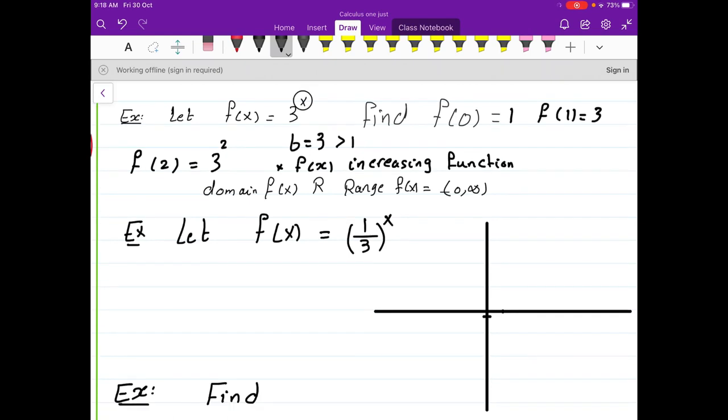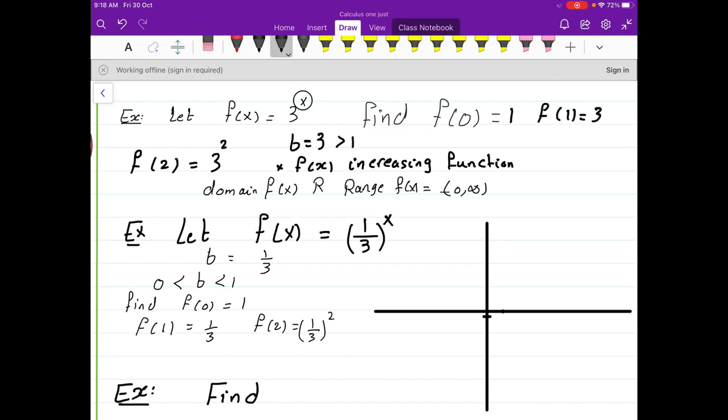If we take another example, f of x equals 1 over 3 to the power x, obviously b equals 1 over 3. That means b is less than 1 and greater than 0. If you want to find f of 0, it is 1, f of 1 is 1 over 3, f of 2 is 1 over 3 squared.